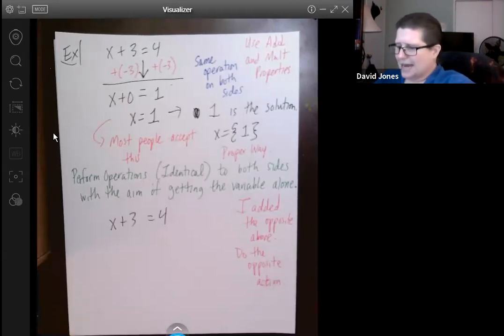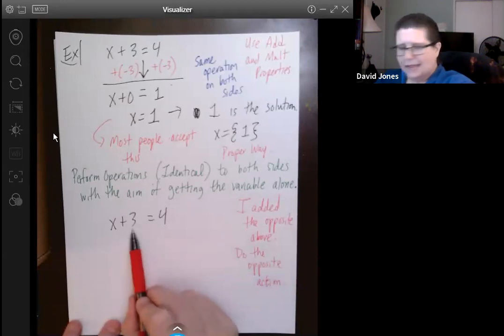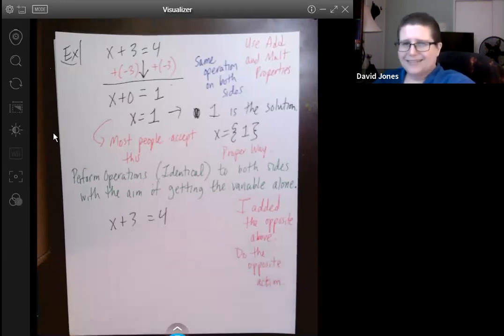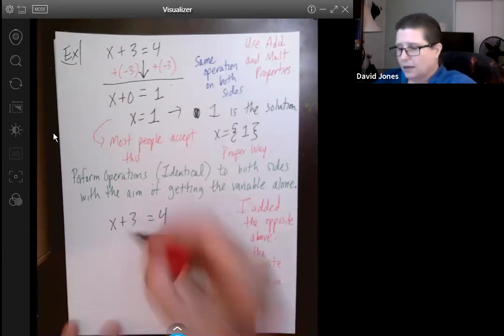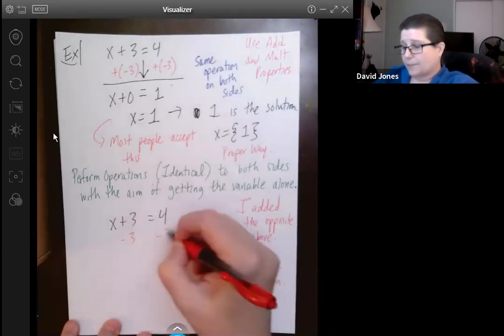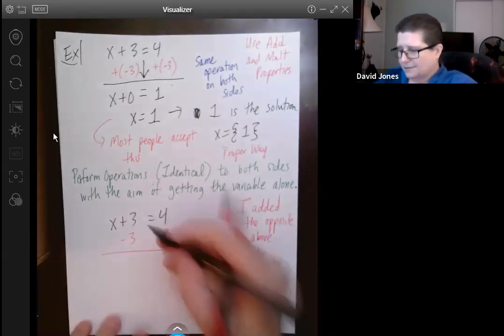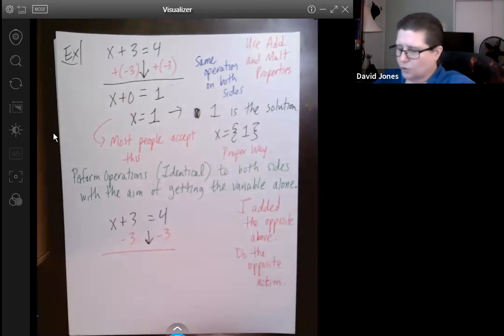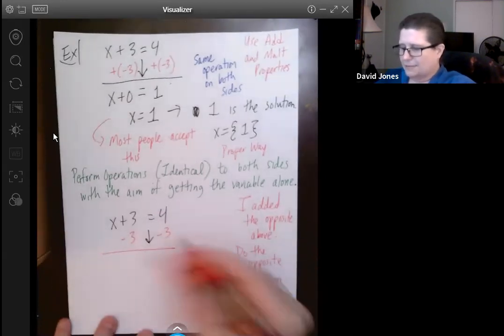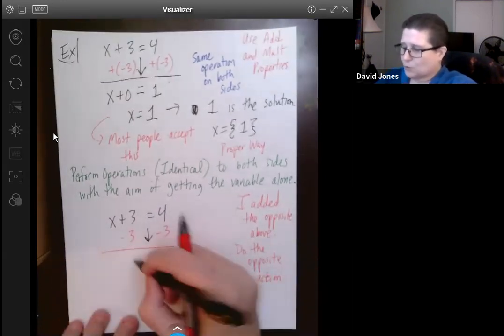Alternatively, rather than adding a negative, right now I have add 3. The opposite of adding something to an object is to take something away. We could subtract. So adding a negative number or subtracting the same number is the same thing. We end up with x equals 1.